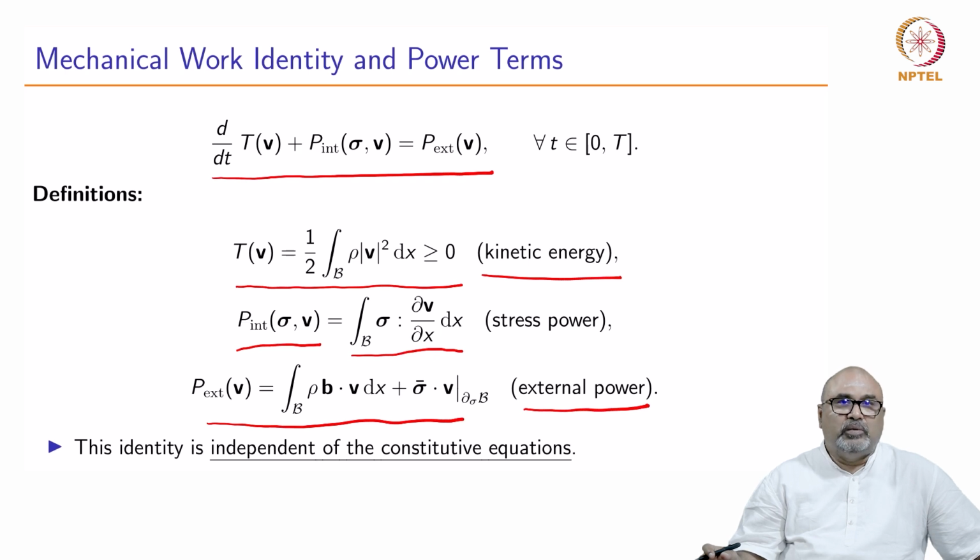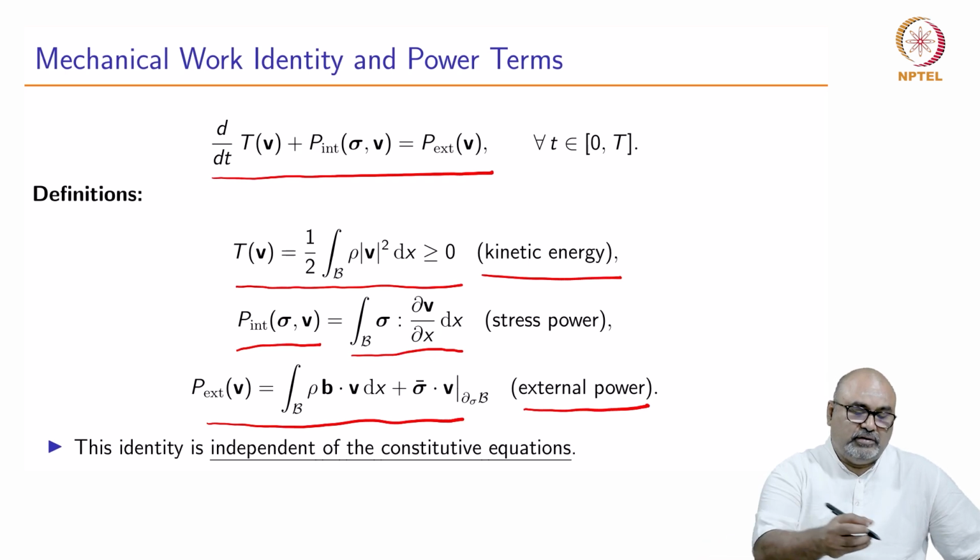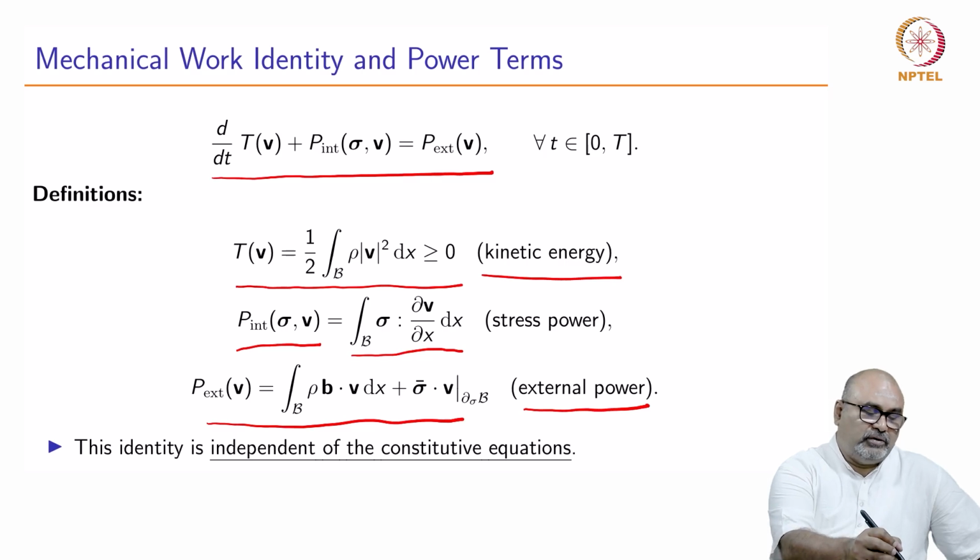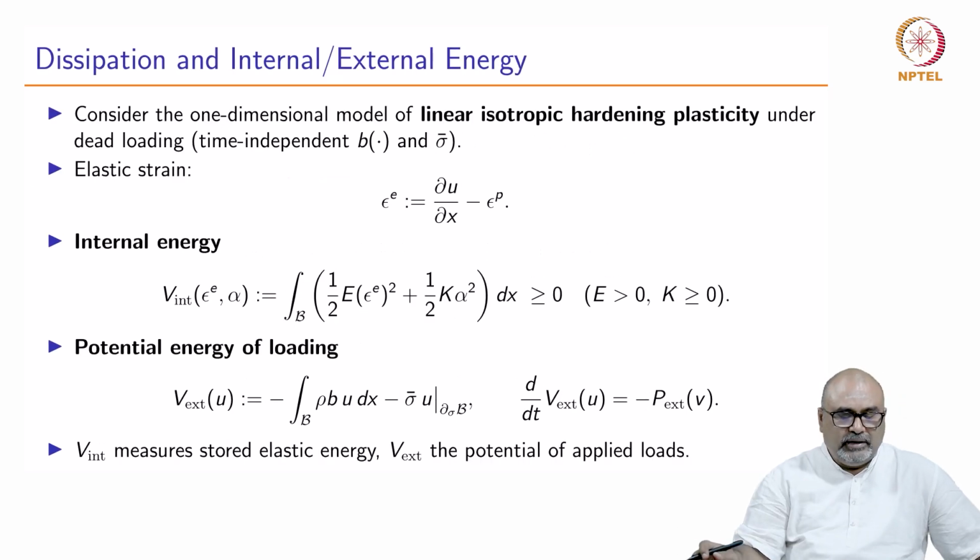So, internal work is equal to the external work and is independent of the constitutive equations, how they are going to be defined. Now, one can define dissipation and internal or external energy.